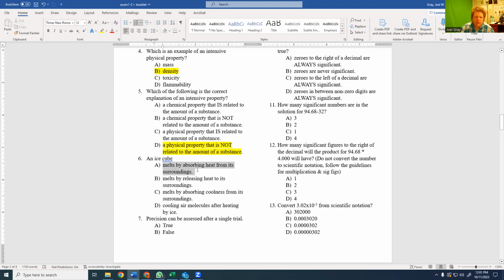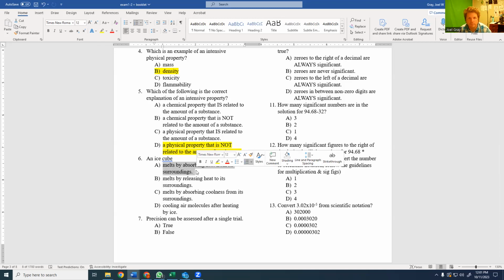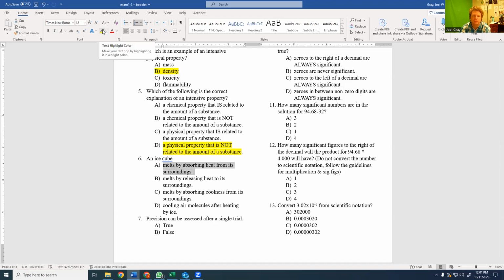Melting by absorbing heat from its surroundings is really the best answer option, because that ice cube is going to cool the air surrounding it, but it's going to be heated by its surroundings. So it melts by absorbing heat from its surroundings. A is the best answer option.